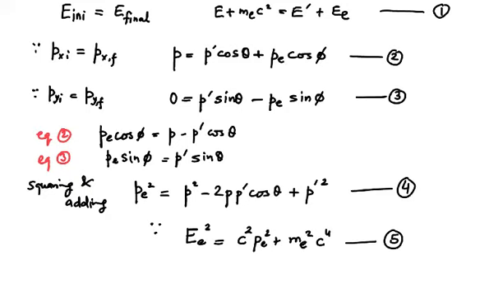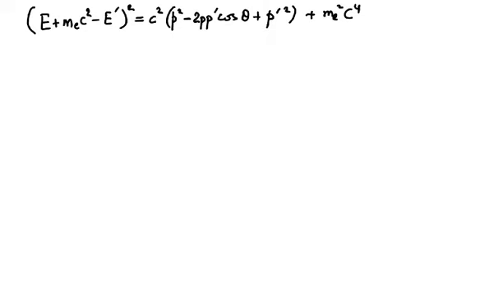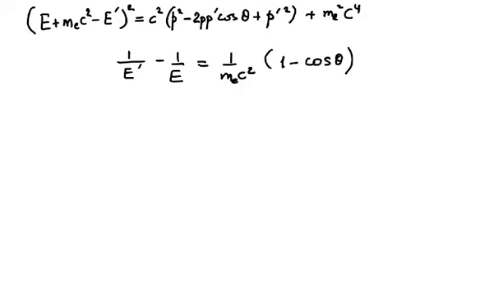We also know this equation is true for the energy of an electron, which we call equation 5. So we can substitute equation 1 in equation 5 and also in equation 4. We can just keep solving it. We get this energy equation, and if we convert it into the wavelength equation, we get this.